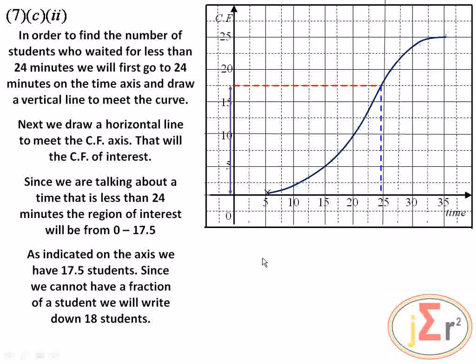As indicated on the axis, we have 17.5 students. Since we cannot have a fraction of a student, we will write down 18 students. 18 students will wait for a time that is less than 24 minutes.